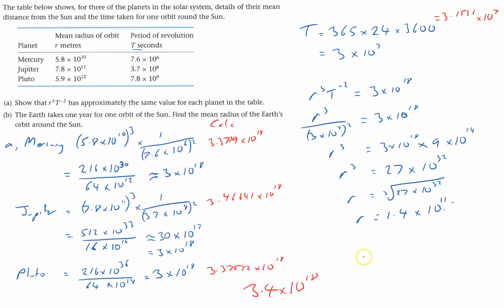If you then get r cubed over T squared, which is r cubed over 3.1536 times 10 to the power 7 squared, and put that equal to 3.4 times 10 to the power of 18, because that's what all the numbers roughly equal, that does give you that r equals eventually 1.5156 times 10 to the power of 11, and then that comes to 1.5 times 10 to the 11.